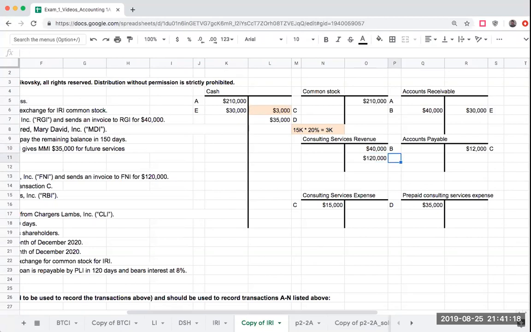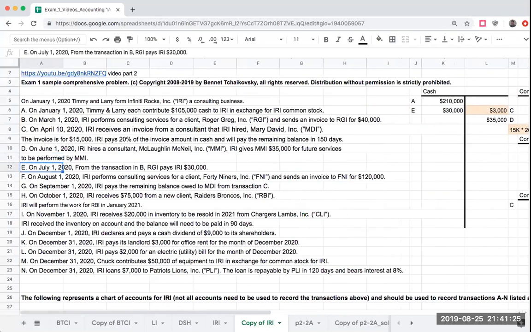Okay, so right over here, I'm recording the revenue with a credit. For every credit, I need a debit. Okay, am I receiving cash for letter F? I'm sending them an invoice. So have they paid me cash?